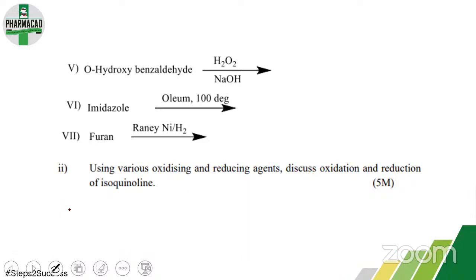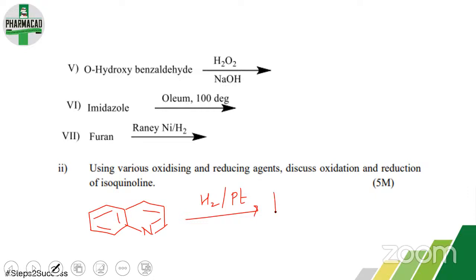Like that, when we are using hydrogen with platinum catalyst as a reducing agent, the reduction will happen on all the positions. Okay, remember this.